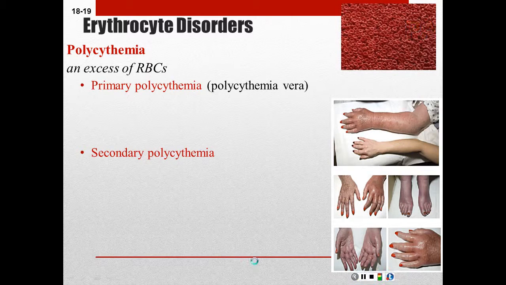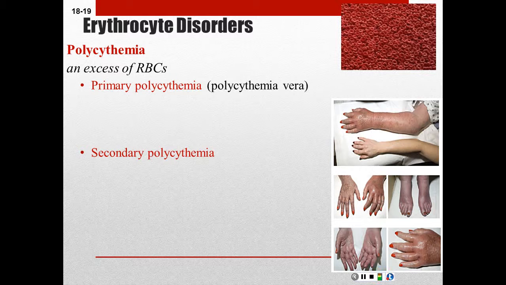Now, remember, I said that the normal amount for men is 4.6 to 6.2 million, and for women is 4.2 to 5.4 million. That's a huge increase. And of course, the hematocrit can be as high as 80%.